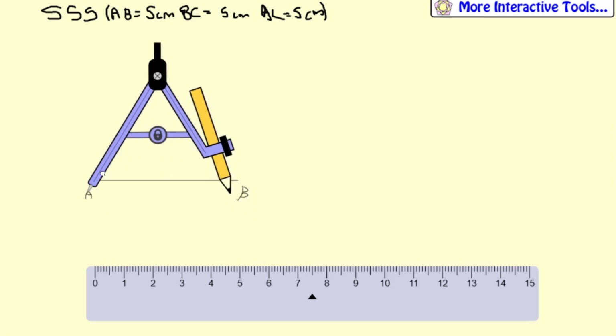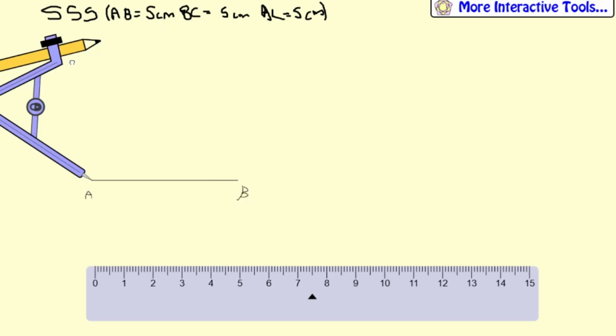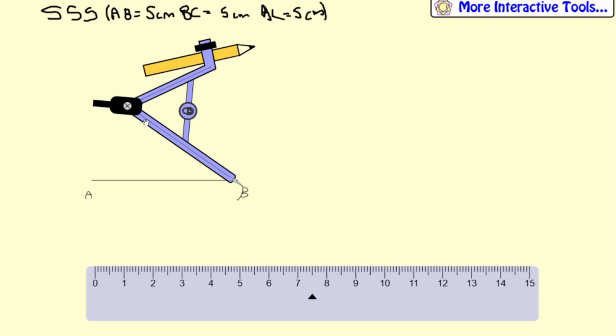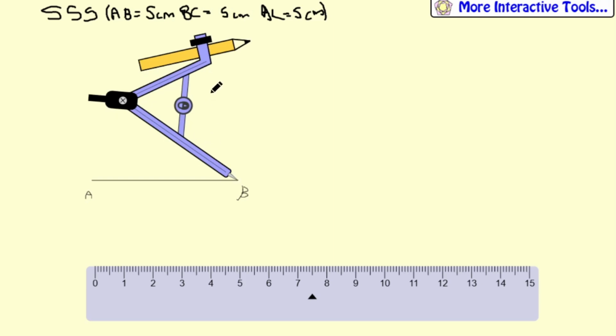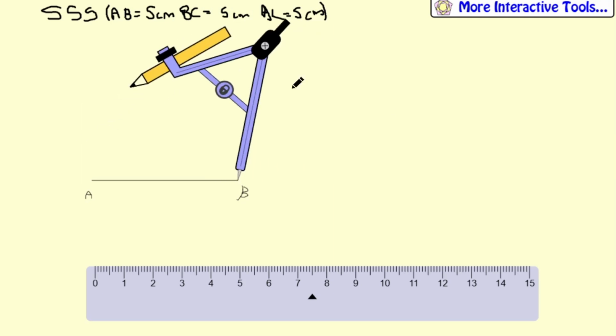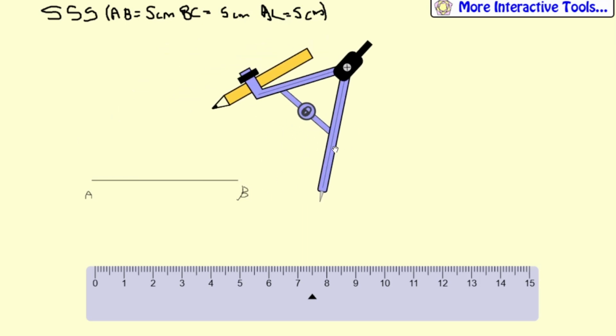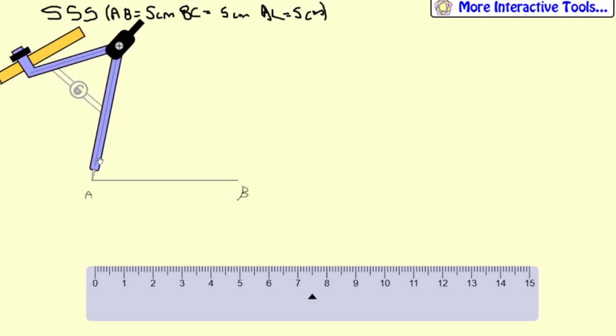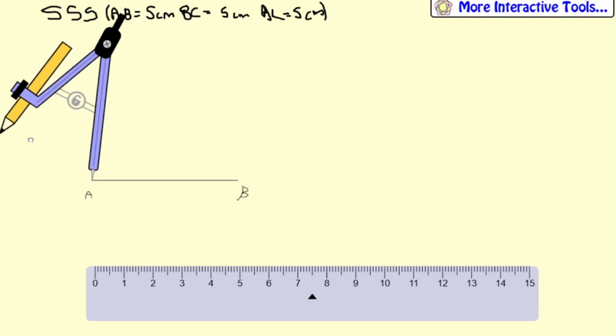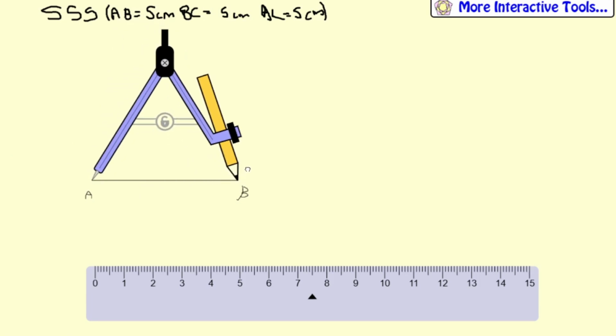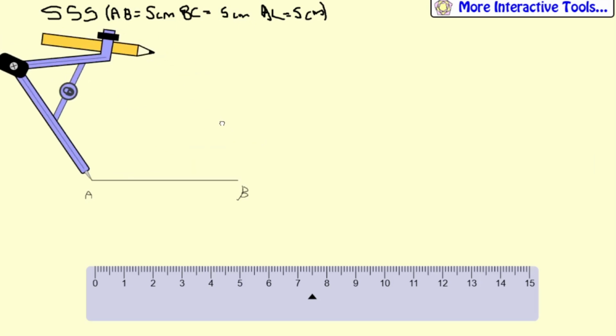Then we would place our compass point at A, scribe, compass point at B, and then scribe again. This would complete our triangle and we would have a triangle with all the sides having the same length. Or we can just open to the line AB because it is already 5 centimeters and use that as well.